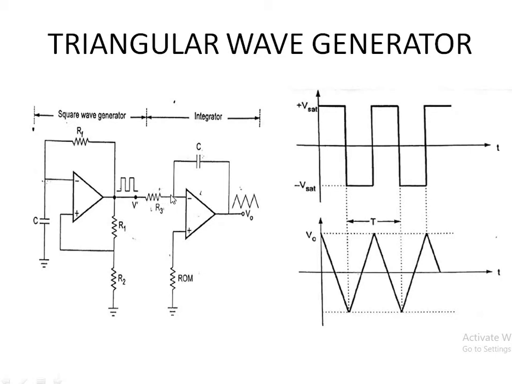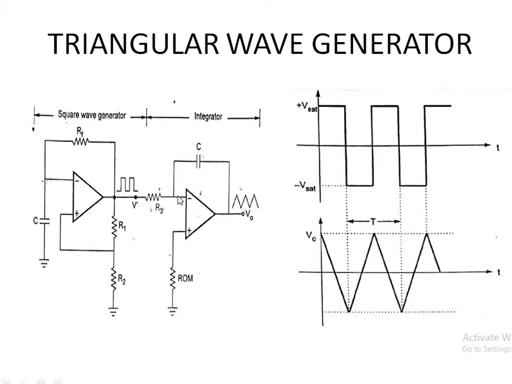This positive current will lead the capacitor to produce a negative output, or a negative ramp, at the output.